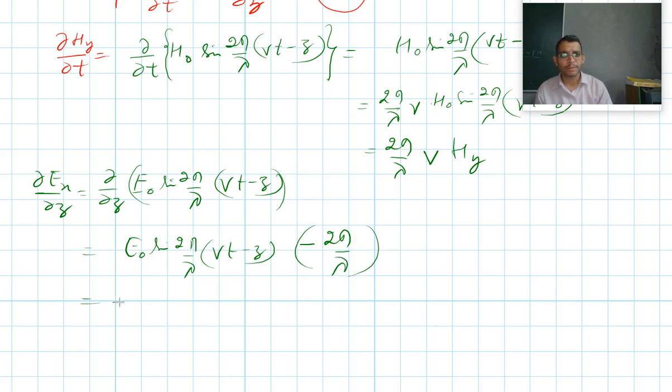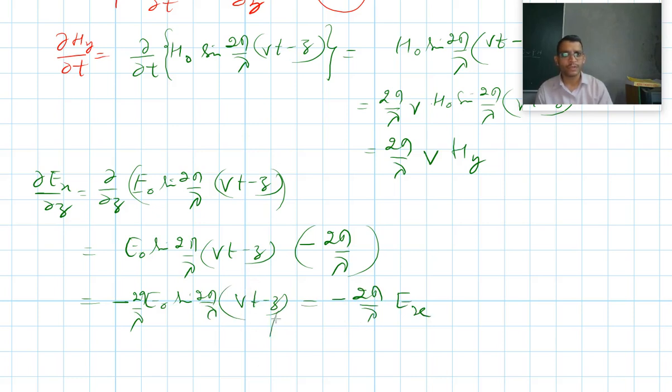So it is minus 2 pi by lambda Ex, right?